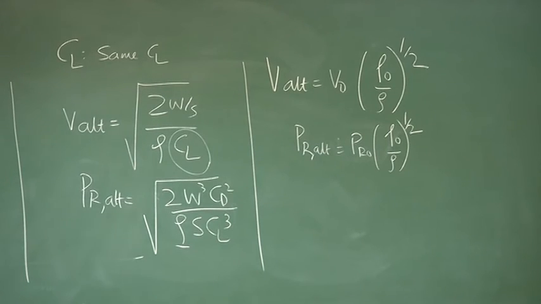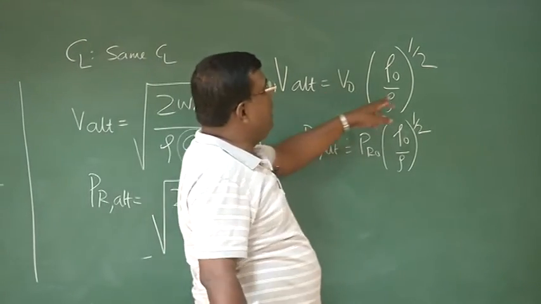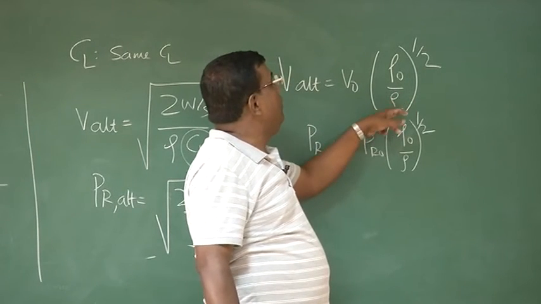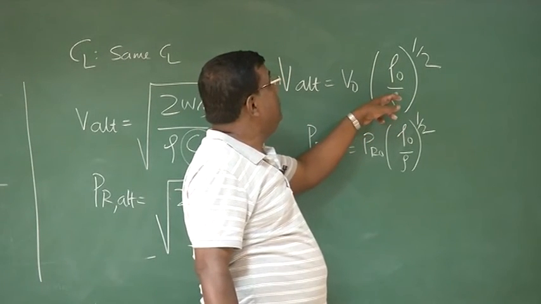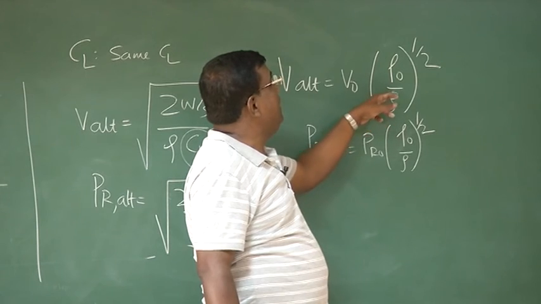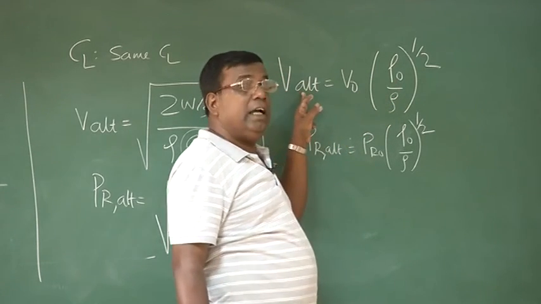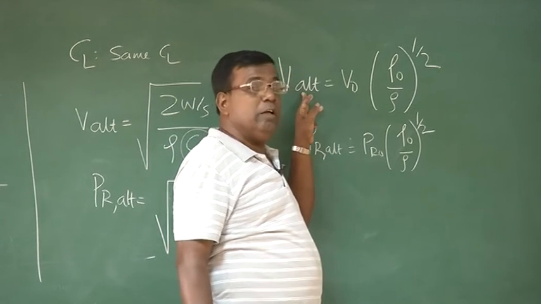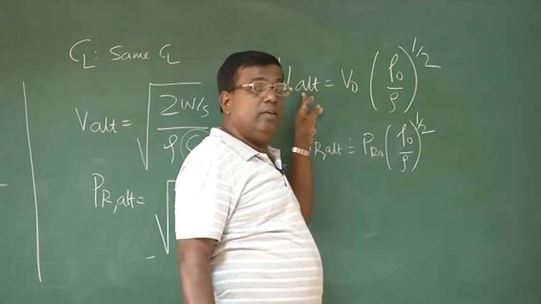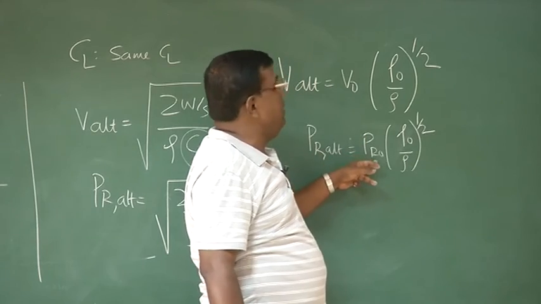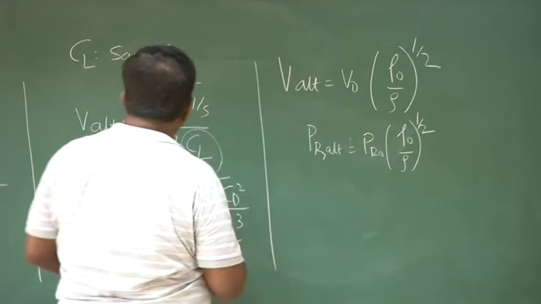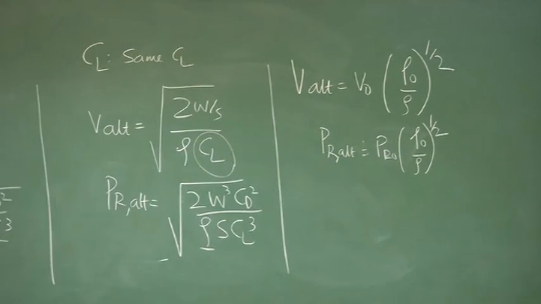So what is the meaning of that? Very clear. As I am going higher and higher, the rho value is going to become lesser and lesser, so this ratio will go on increasing. I need higher velocity to fly at the same CL to maintain lift equal to weight. A similar story is also here for the power required.